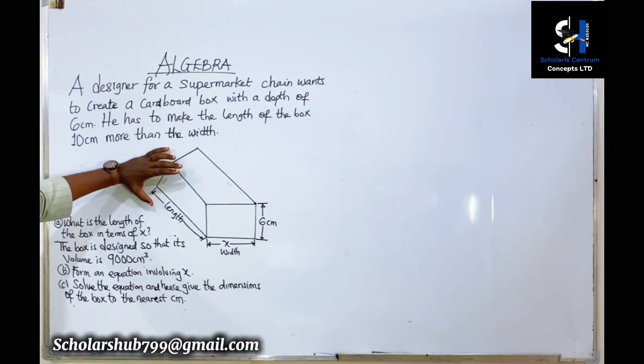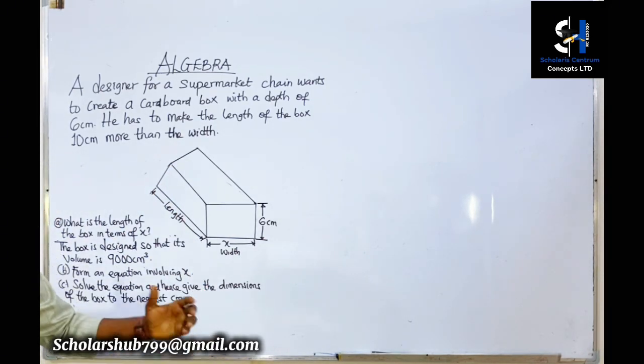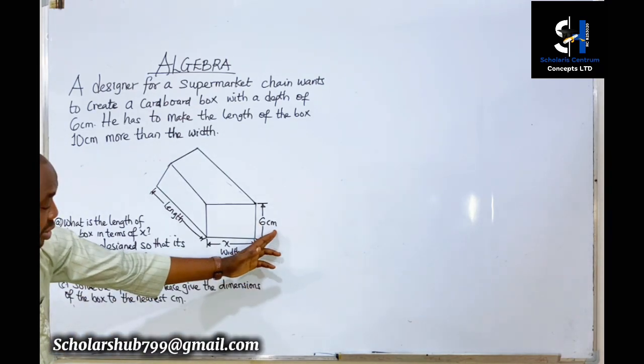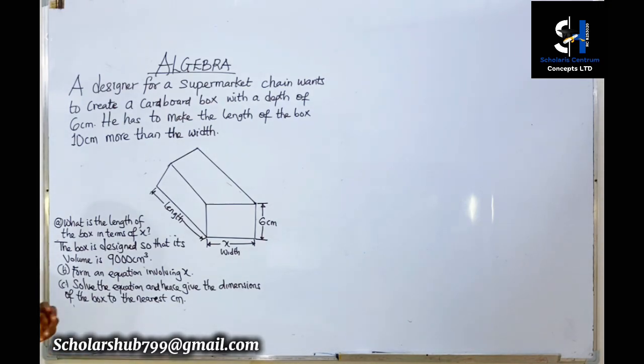To calculate the volume of a prism, that will be the base area multiplied by the height of the prism. The height in this case is the depth, and the base area is length times width. Then we're also asked to solve the equation and hence give the dimensions of the box to the nearest centimeter.